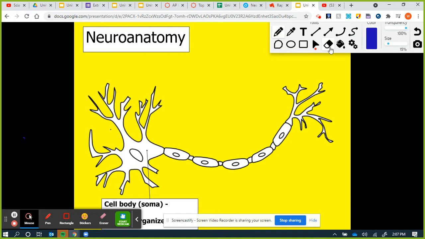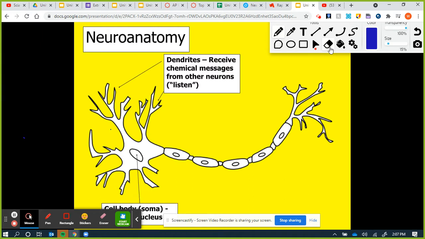That's just a little rule of thumb. So going from left to right, the part of the neuron that receives messages from other neurons, where the neurotransmitters bind, the part that listens to other neurons, is called the dendrites.